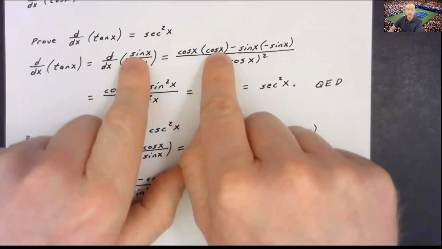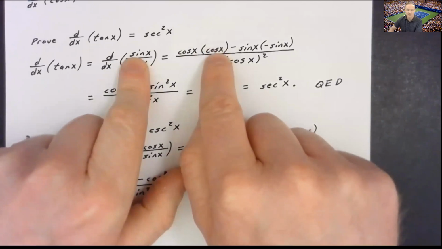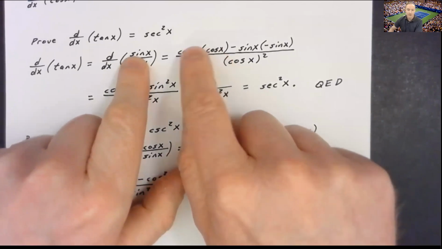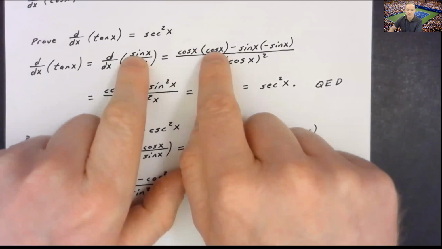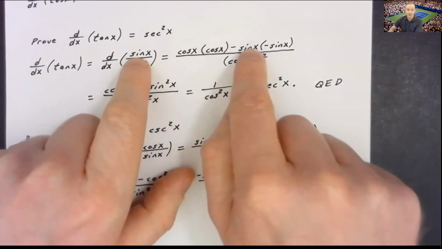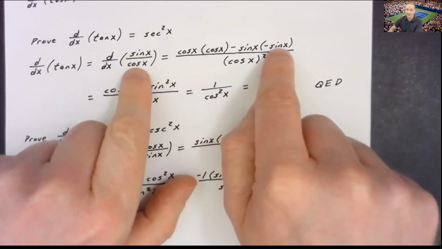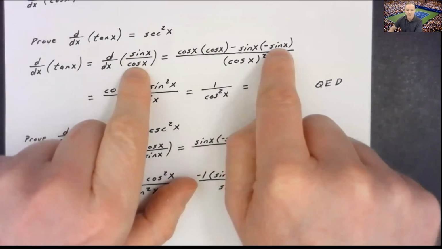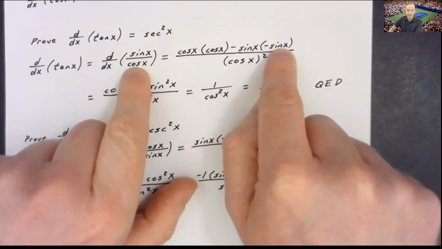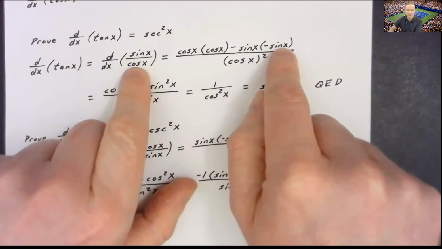We've already proven the derivative of sine is cosine. Now, that's denominator times derivative of the numerator minus the numerator times the derivative of the denominator. And again, we've already proven the derivative of cosine is negative sine. So I use what has already been proven as axiomatic in this proof.